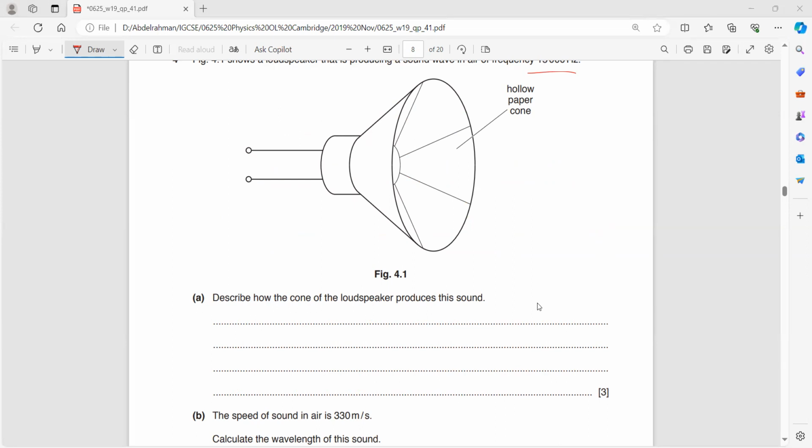Anything? Nothing at all? To produce any sound, forget about the speaker, what must happen to produce sound?